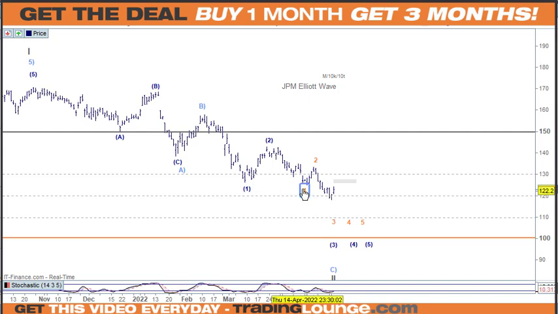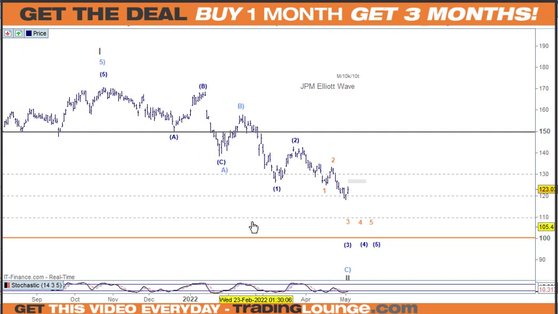But I suppose this leg here would be 61.8% of this one, and this would be 60% of this one, so you probably get a relationship out of it. So I could go an A wave here, B wave here, 1, 2, 3, 4, 5 here, but it just doesn't feel right. It's possible, but it just doesn't feel right.